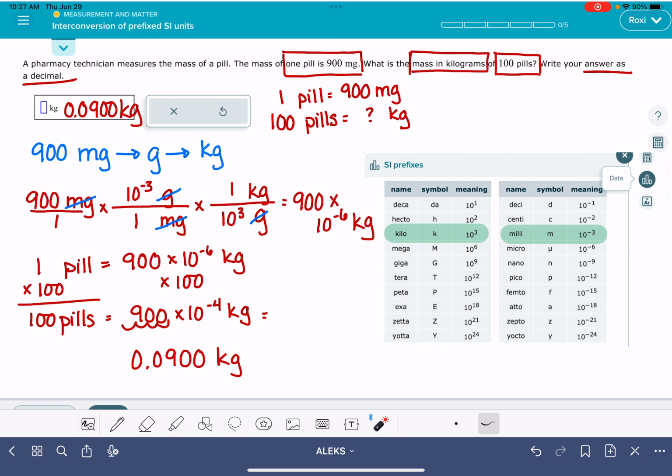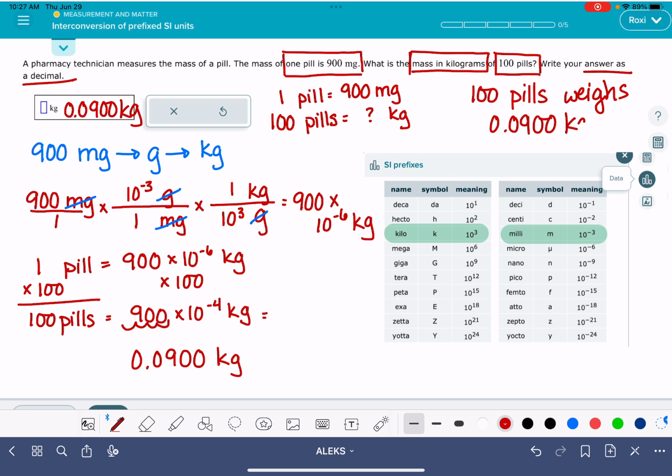The other version of the problem is basically the opposite of this. So the other version of the problem is going to say something like 100 pills weighs or has a mass of 0.09 kilograms, and then it's going to ask you to go backwards. What is the mass of 1 pill in, say, milligrams or some other unit?